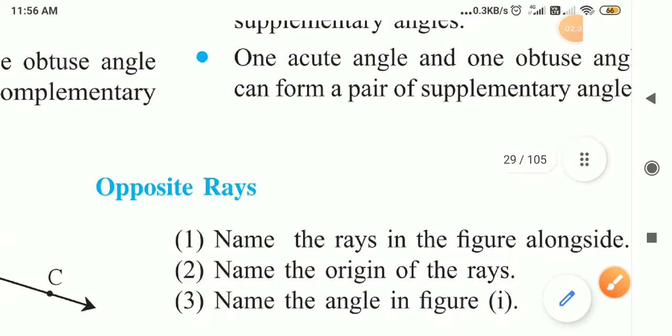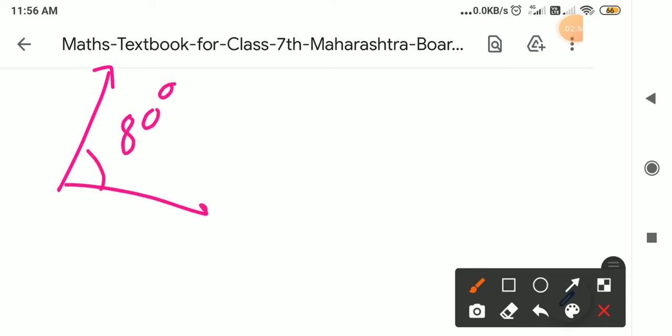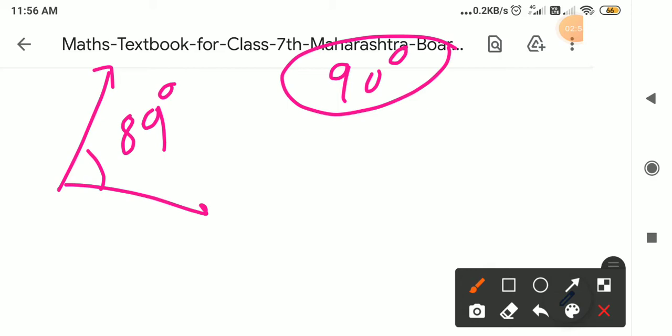So I will take the biggest acute angle. The biggest acute angle, its measure is equal to how much? 89, because if its measure is 90 degrees, then what we said is that this is a right angle.